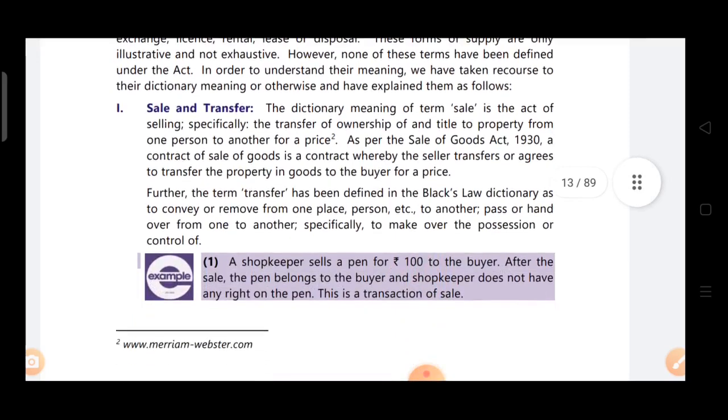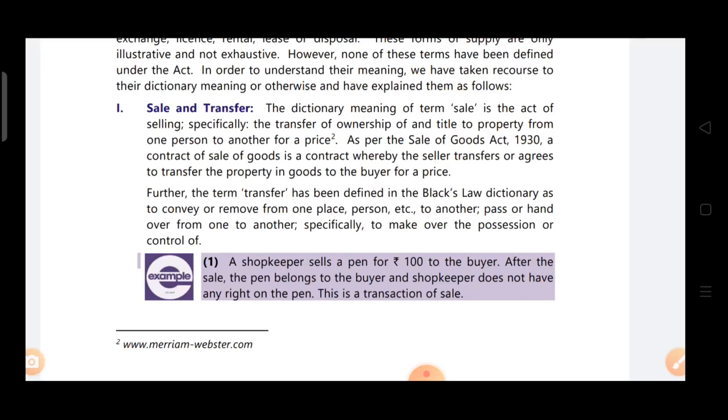Now sale and transfer. The dictionary meaning of the term sale is the act of selling, specifically the transfer of ownership of and title to the property from one person to another for a price. So when sale means transfer of ownership, transfer of title to the property for a price, that is sale.